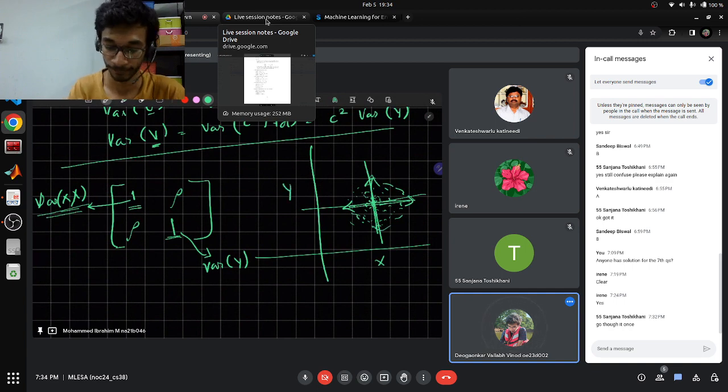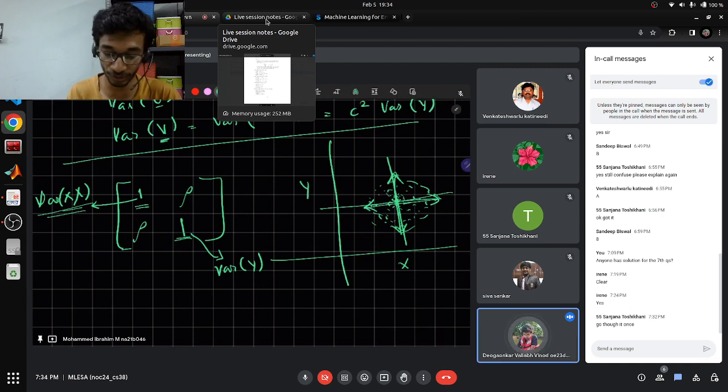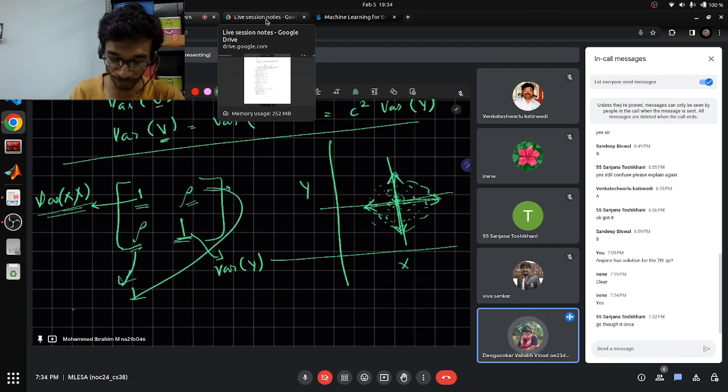Is that part okay? So these two numbers I have explained, and then you have these two numbers. These two numbers are always going to be the same, and they tell you the covariance of x comma y, how the variance of x and variance of y are related to each other.